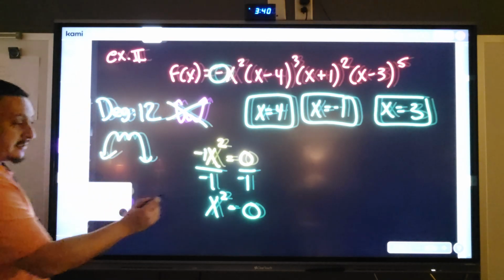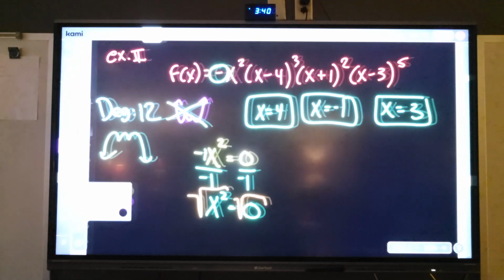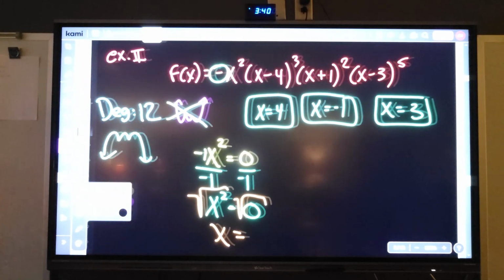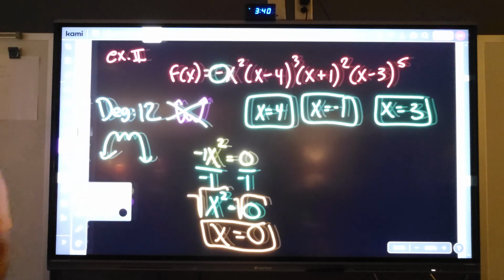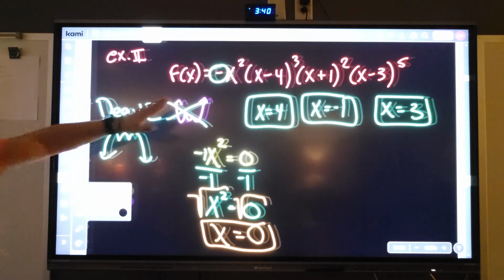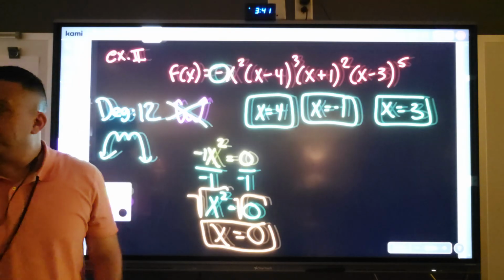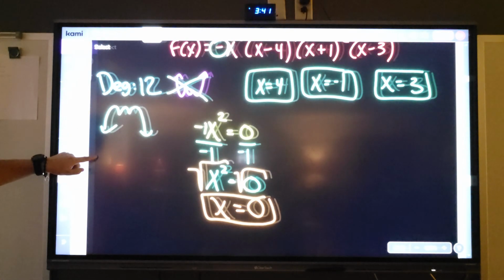To get rid of a square, you square root both sides. Square root of 0 is 0. By the way, notice that if there's not a plus or minus, it's just 0. So there's our 4 x-intercepts.